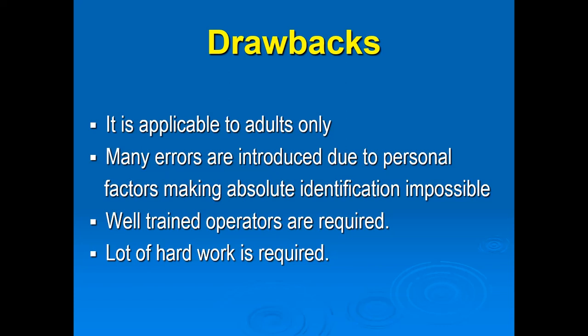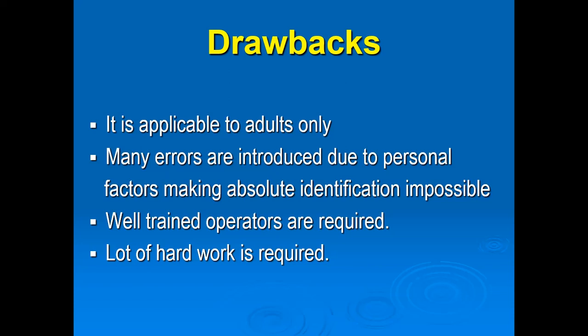Number two, the second drawback, many errors are introduced due to personal factors. There is a team of people involved in this process. While noting the identity or these features of persons, they can make many mistakes while measuring those body parts, and while entering the data they can commit mistakes.